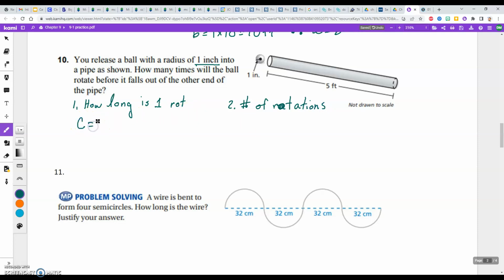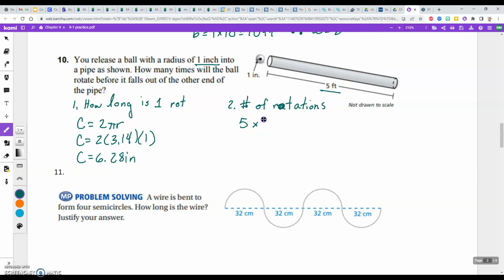So circumference is, we've got a radius there, so that's 2 pi r. So circumference is 2 times 3.14 times 1, and that gives us 6.28 inches. So we know that when it rolls 6.28 inches, the first roll. Now, the number of rotations, our rotations are in 5 feet.